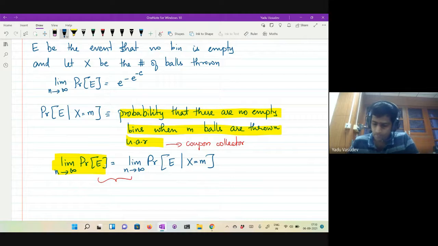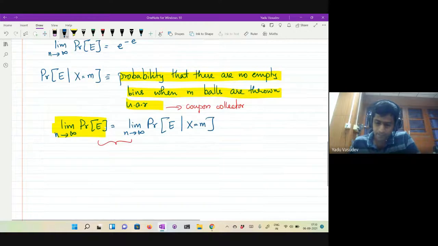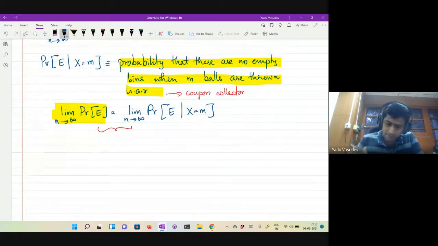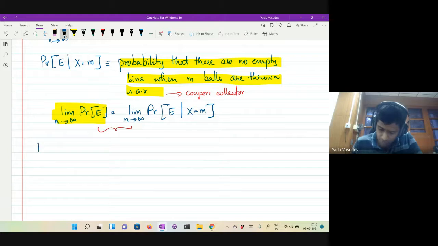Okay. So then let's try to prove the statement. So let's try to express the probability of E in terms of the probability of E given X is equal to m, which is what we want. So you start out this way. You can write the probability of E this way.